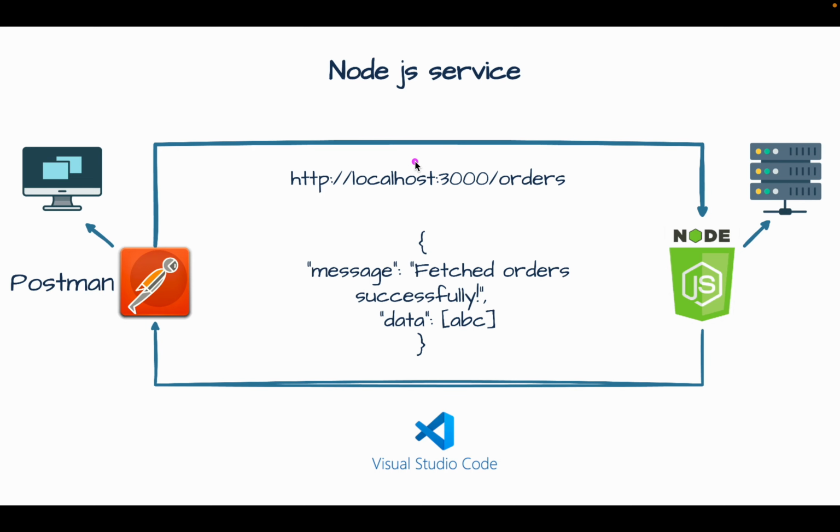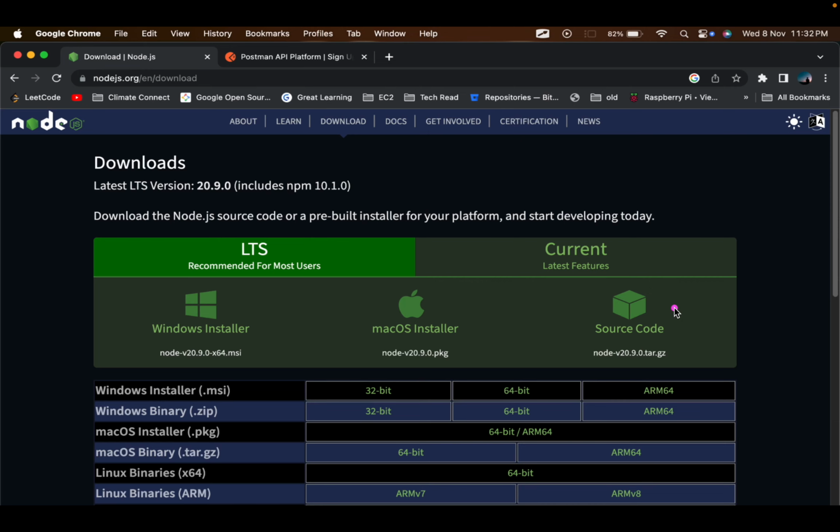Let's take the concept a little deeper and apply it to something more tangible in the world of software development. Today we are going to explore the actual tools and programming languages that are essential for creating REST APIs, which are the backbone of many software applications. We will be focusing on using Node.js as our programming language of choice. Let's see the official page of Node.js.